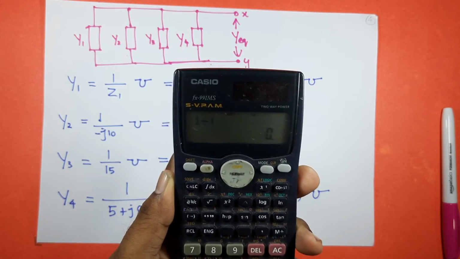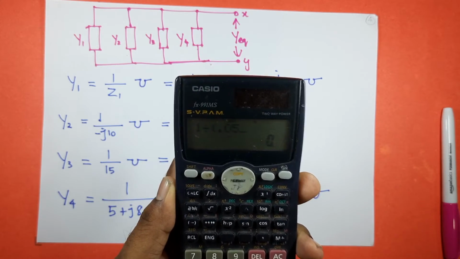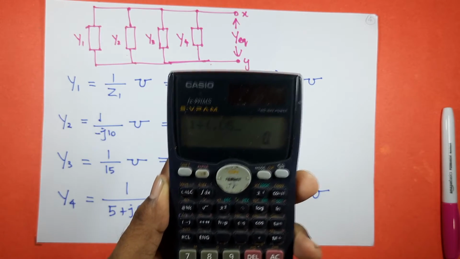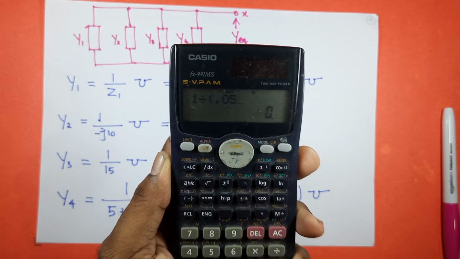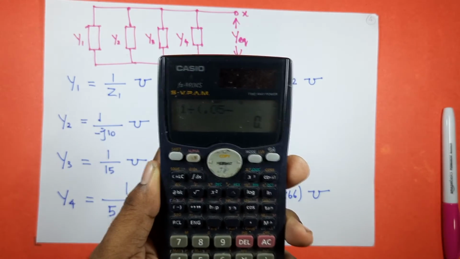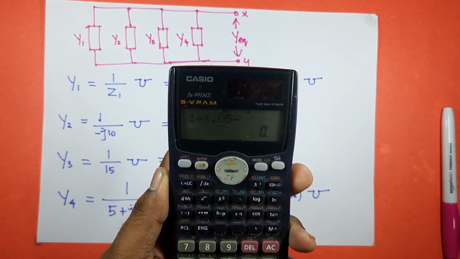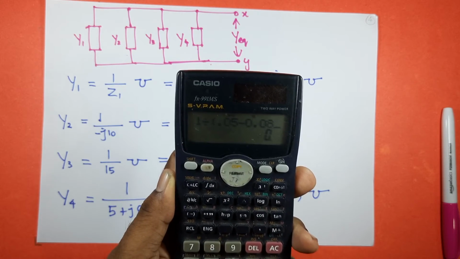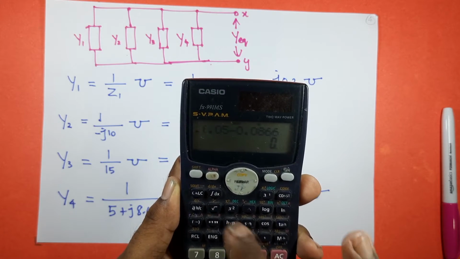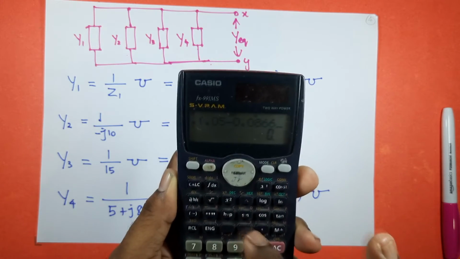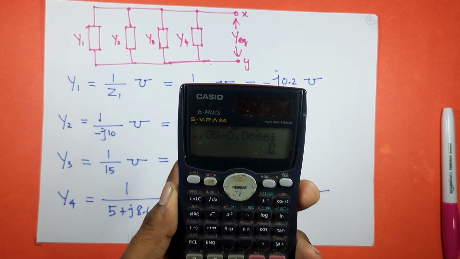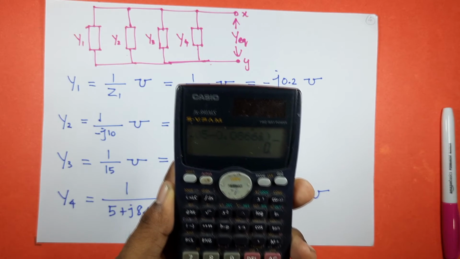Real part is 5, imaginary part is 8.66, and then shift I is here, ENG, this ENG button, then close the bracket.